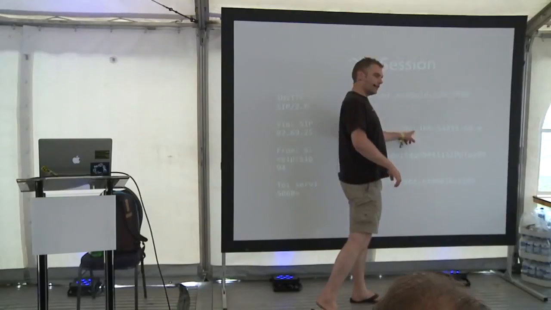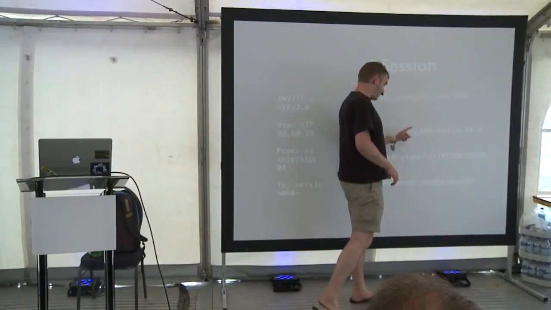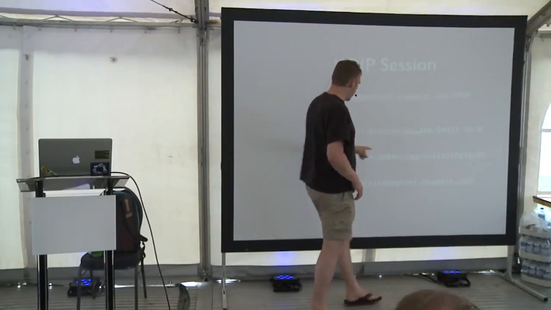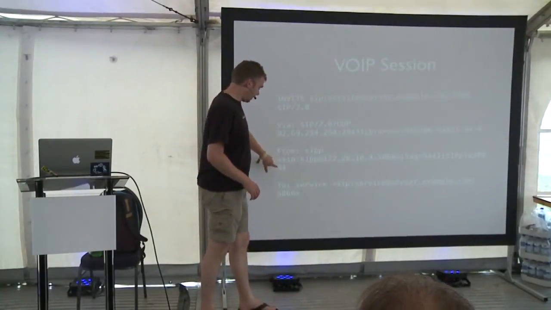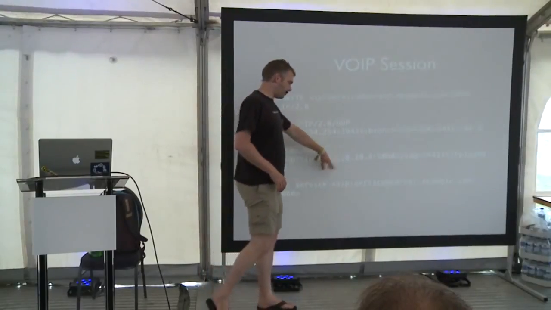So it identifies the flow based on the branch ID, and you should also say this is the from, and so on.